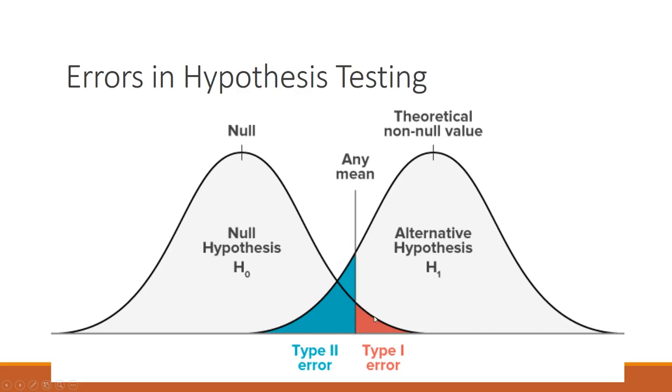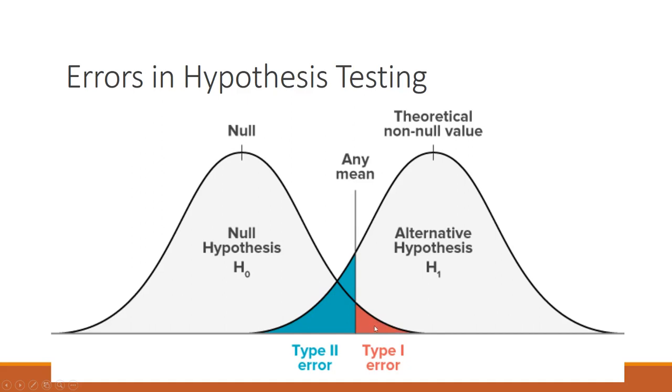But what I haven't illustrated yet is the probability of committing a type 2 error. The type 2 error is this blue space. So let me explain. What are we saying? We're saying that if we find a mean that is so unlikely to occur if the null hypothesis is true, we would reject the null hypothesis.